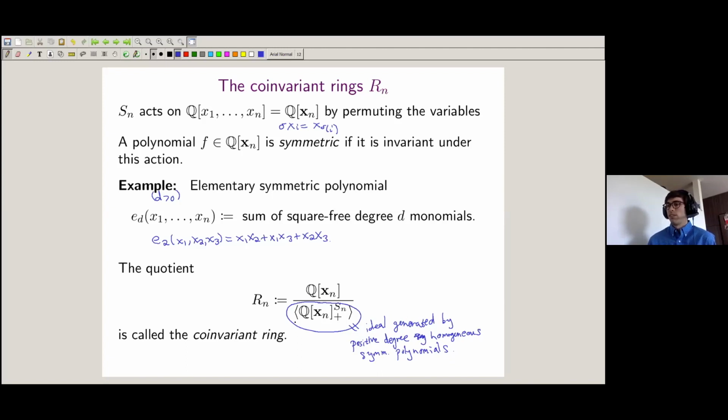And we'll consider this quotient, and we'll call it Rn. Rn is called the coinvariant ring.